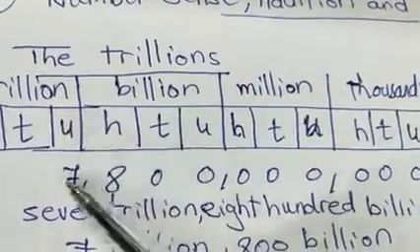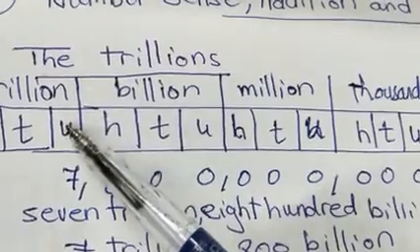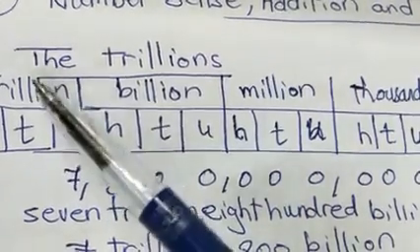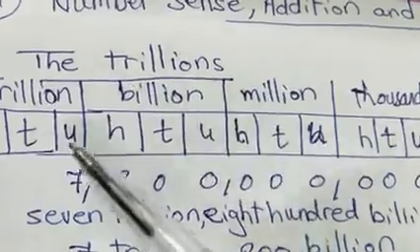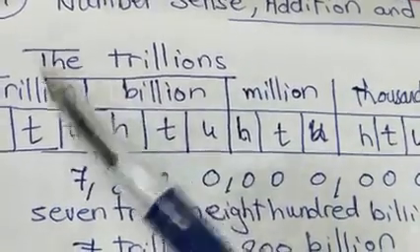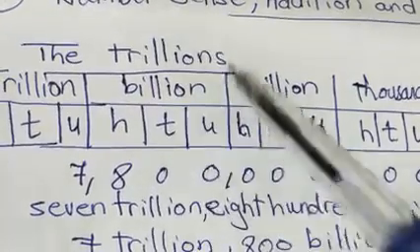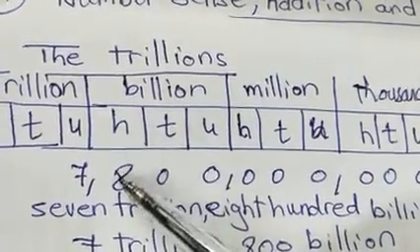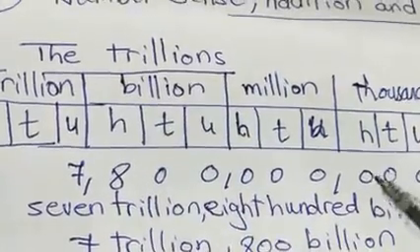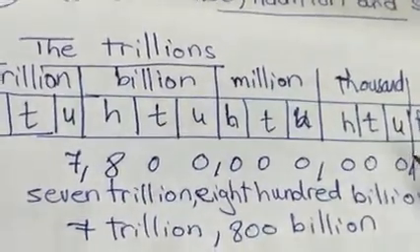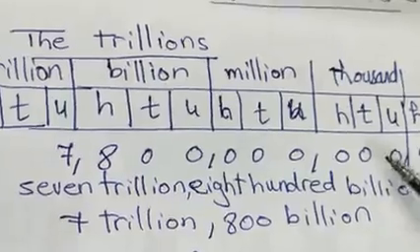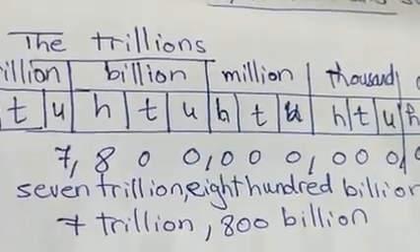Here I have the 7 in the unit place in the trillion period, so it will be 7 trillion. Then I have the 8 in the hundred place in the billion period, so I will say 800 billion. So this number is 7 trillion and 800 billion.